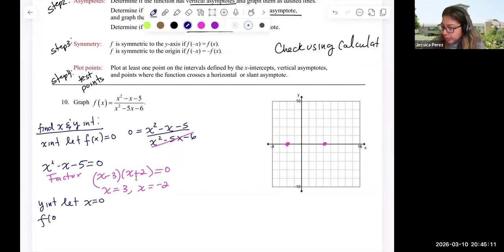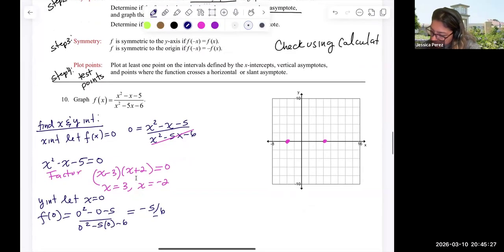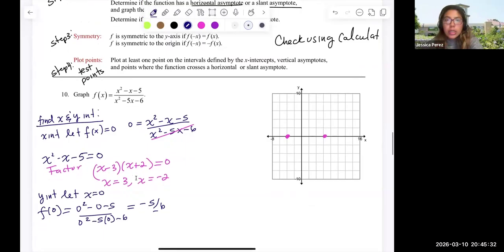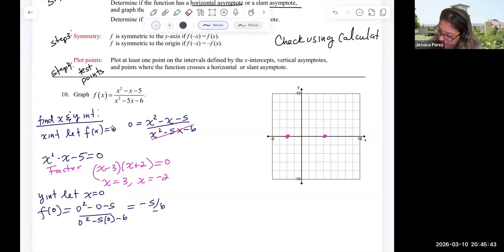So f of 0 is going to be 0 squared minus 0 minus 5 over 0 squared minus 5 times 0 minus 6, or negative 5 over negative 6. I think there's a typo in my notes. So this should be a 6. So let's fix that.